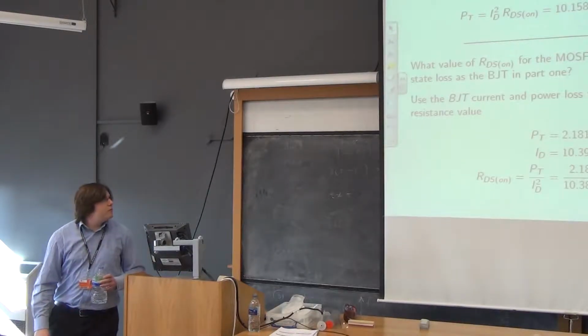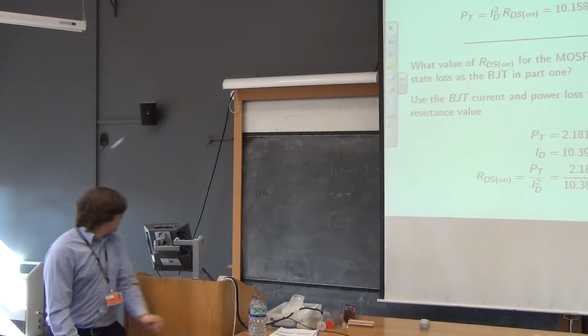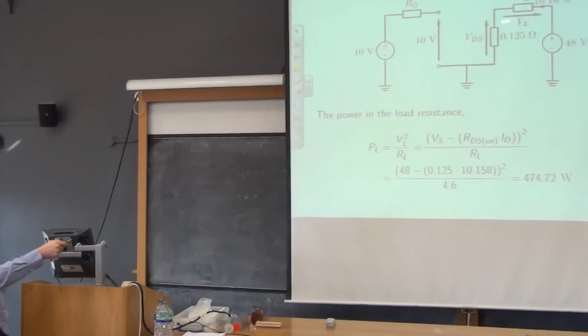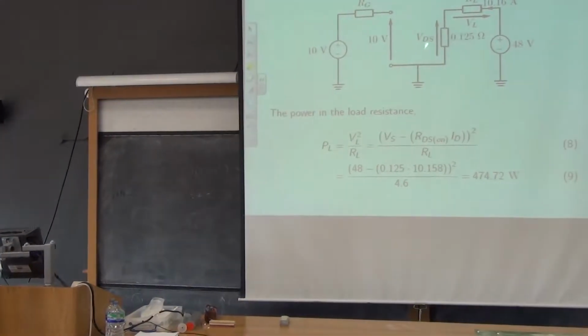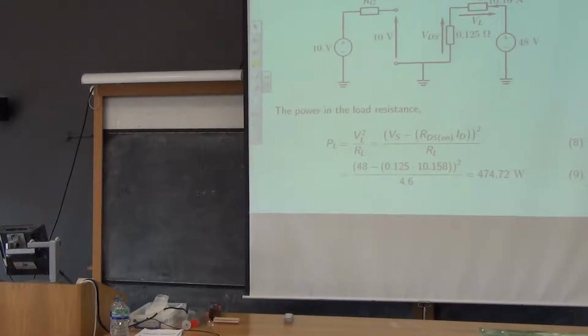So, what about the power loss in the FET? Well, if we go back to the large signal FET model, what we really want to know is the power in this resistor, because this resistor represents the channel, or the resistance of the channel. So we'll have to do I squared R, and we know what I is going to be because there's only one loop around here. You can consider this point and this point to be connected together.